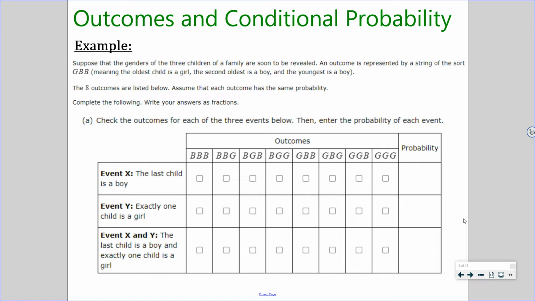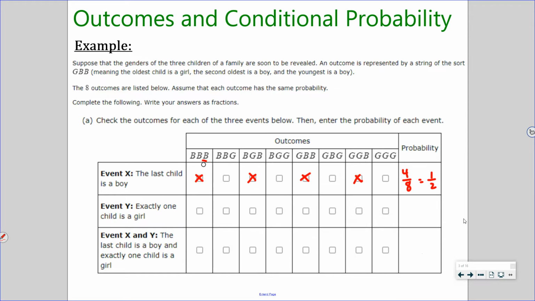All right, so we have these different events that they want us to check against our possible outcomes, and then we'll write the probability. So event X, they're asking, in which of the outcomes is the last child a boy? Looking through my list here, this one, this one, this one, so 4 out of 8, so 1/2. Leave it as a fraction.